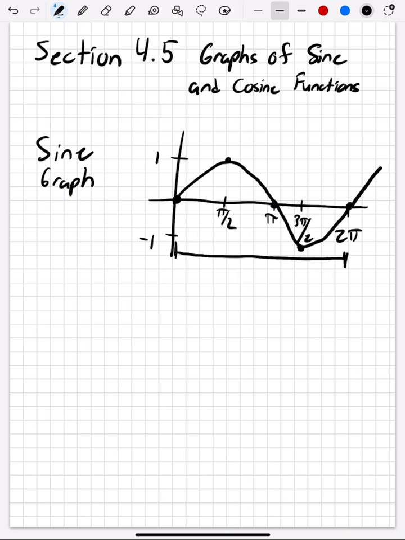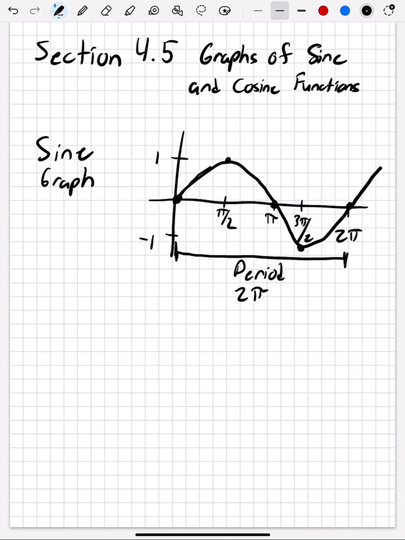The period is 2 pi because the period represents the distance or how long it took to make one complete cycle.